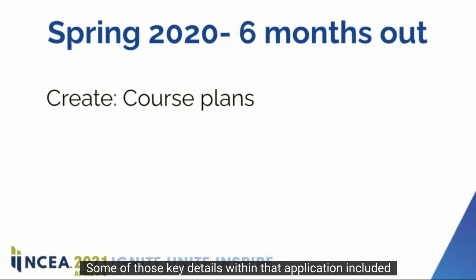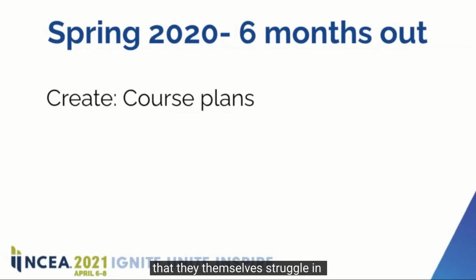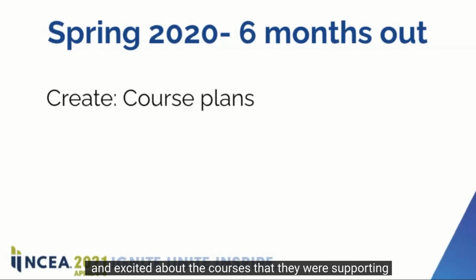Some of those key details within that application included ways to contact them during the summer, different levels of preference in courses. I didn't want to put students in an English class if that was something that they themselves struggle in and don't look forward to going to every day. I wanted to make sure that they were interested and excited about the courses that they were supporting.